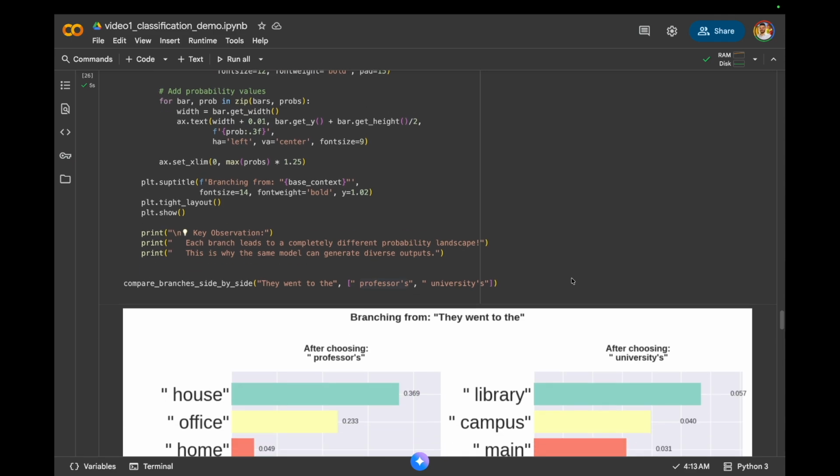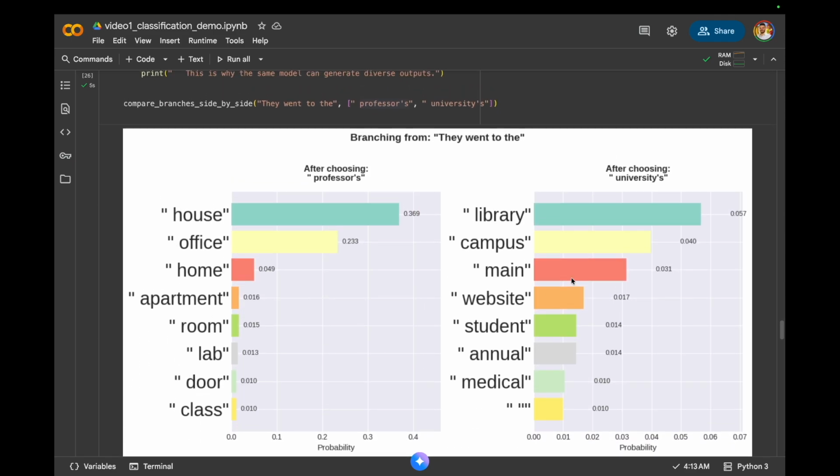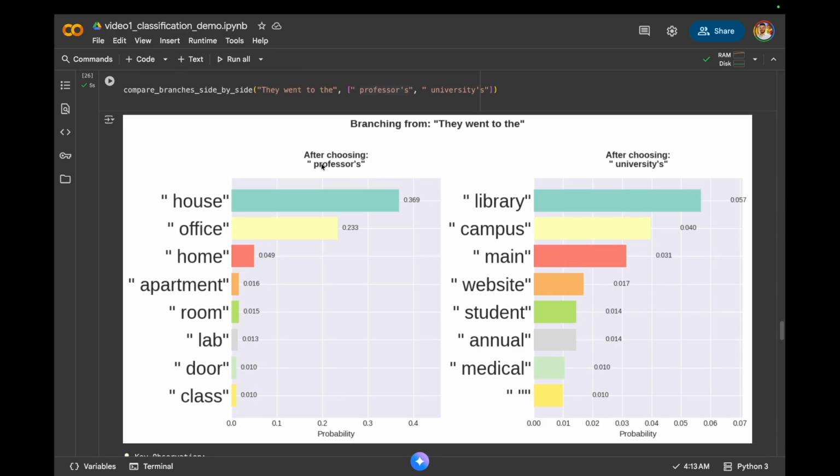So we also have a comparison that is side by side. If you give the LLM these two examples, they went to the professors and they went to the universities, and you let the LLM figure out the completion. So they went to the professor's house, office, home. You can see all of these tokens actually make sense. However, house got the most probability.